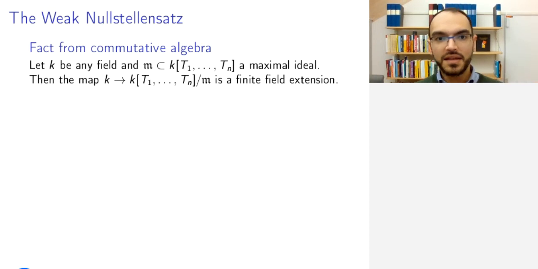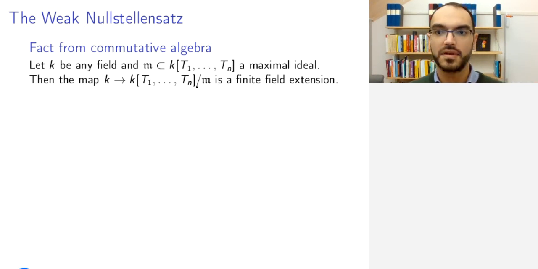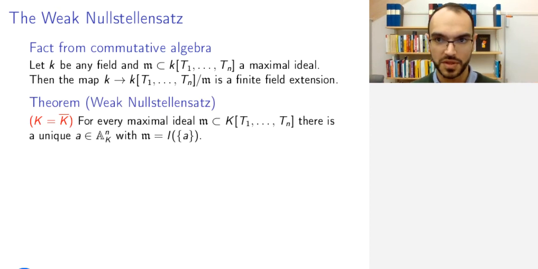If you take any field K and a maximal ideal in the polynomial ring over that field in some number of variables, then you have the natural map mapping K into the scalars of this polynomial ring and then quotienting, factoring out the maximal ideal. The claim is that this is a finite field extension. Let's, for this lecture, assume that this is true, which it is.